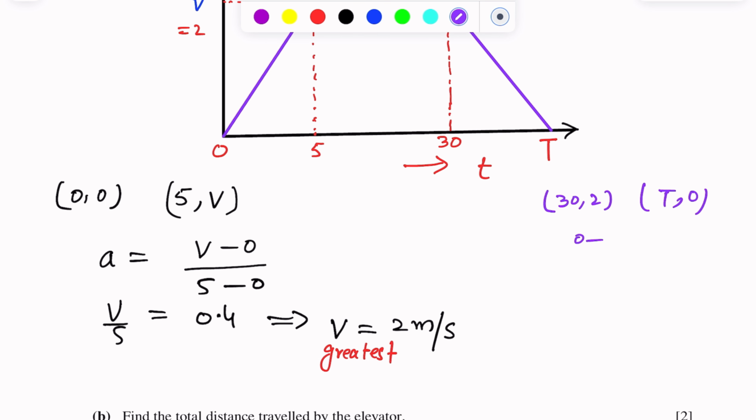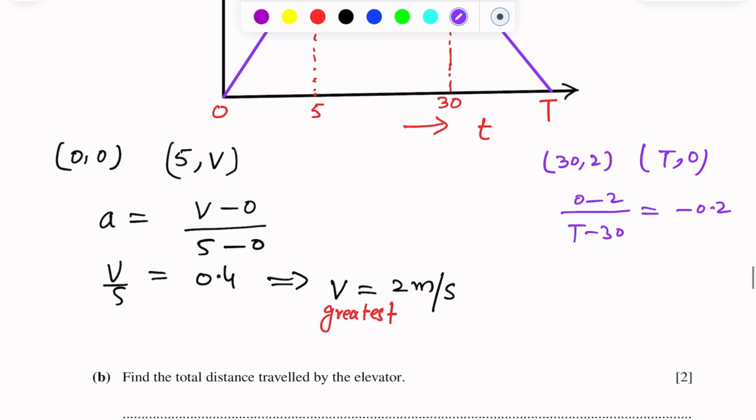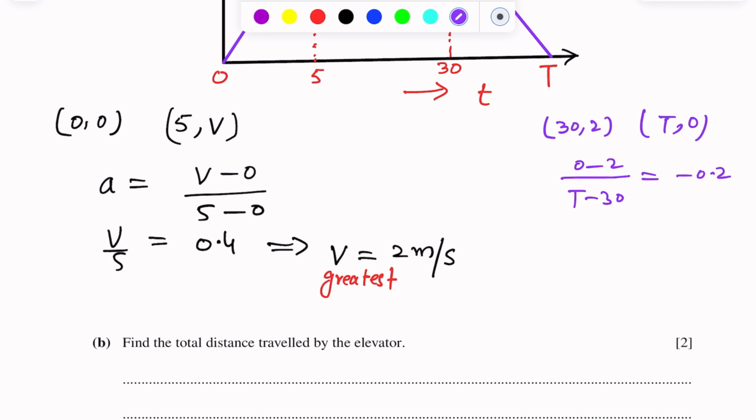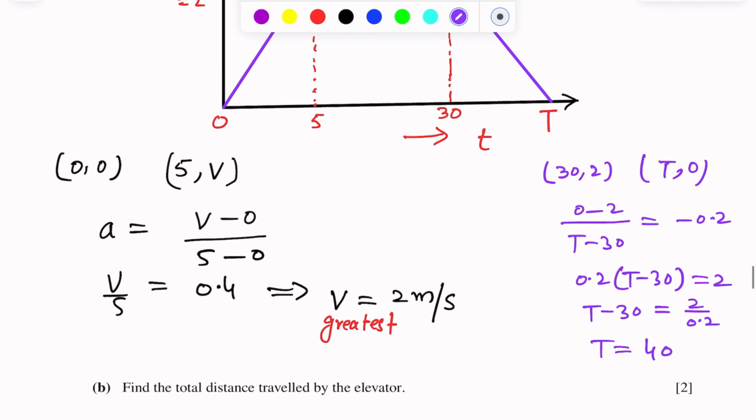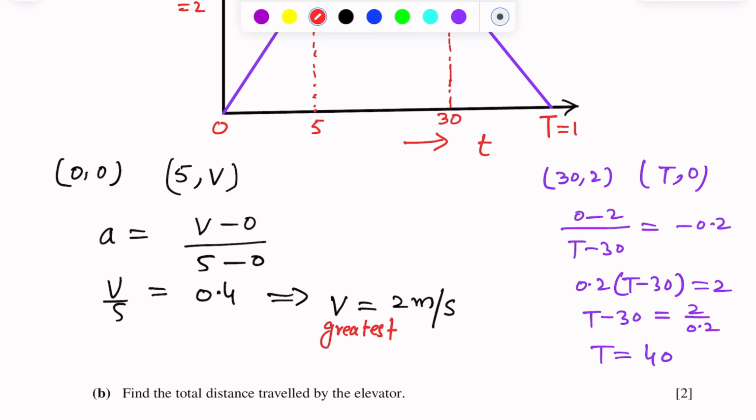So 0 minus 2 over t minus 30 is equal to negative 0.2. We are taking the negative sign here. Simplifying, 0.2 into t minus 30 is equal to 2. t minus 30 is equal to 2 over 0.2. From here t is equal to 40.